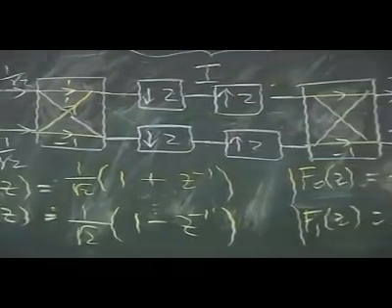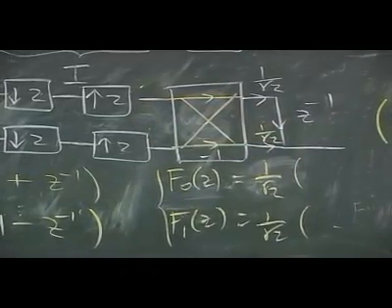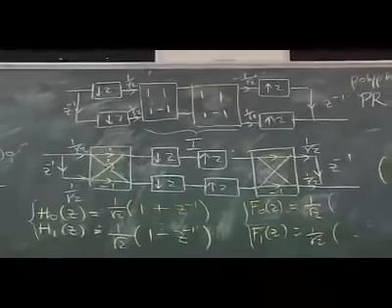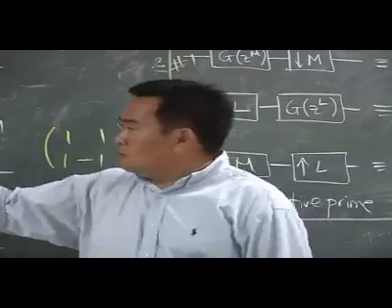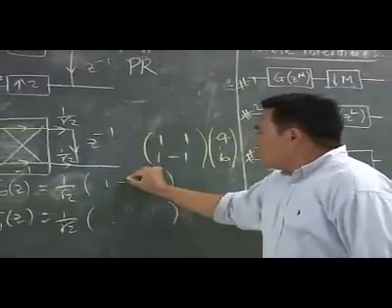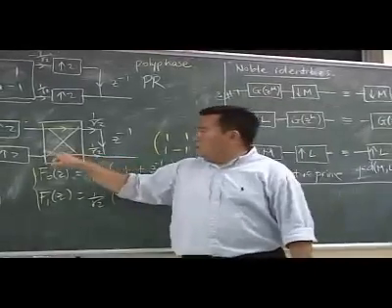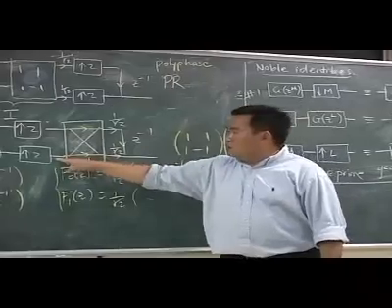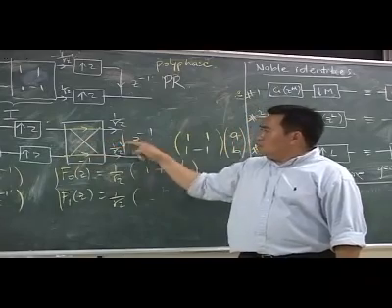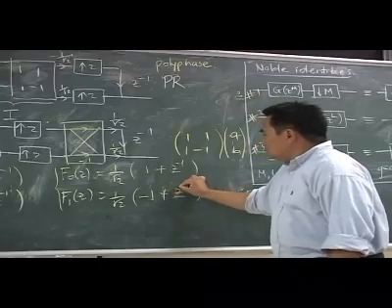So what is the transfer function from the upsampler to the output? One. Right? So it's still 1 plus Z inverse. How about F1? From here to there. That's a minus 1 and plus Z inverse. Okay, so minus 1 plus Z inverse.